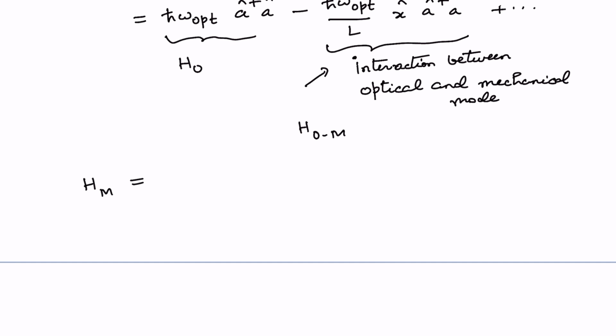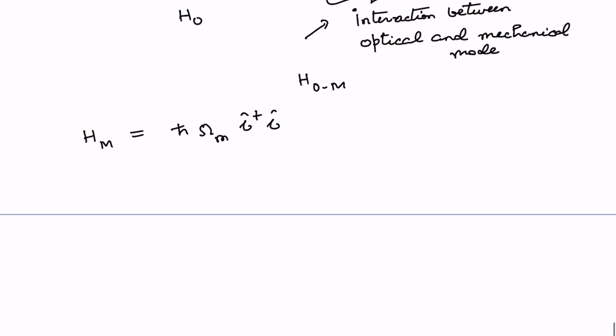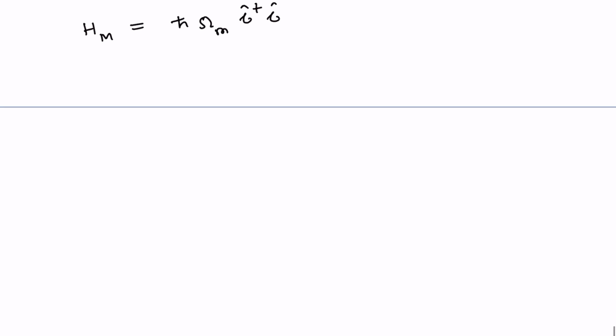Because the mechanical mode is also a harmonic oscillator, we can write it as h cross omega m b dagger b. Omega m is the oscillation frequency of the mechanical mode. We are assuming that only one mode of the mechanical oscillator is getting excited, so we are writing it in this form. So this is the Hamiltonian describing the mechanical mode.